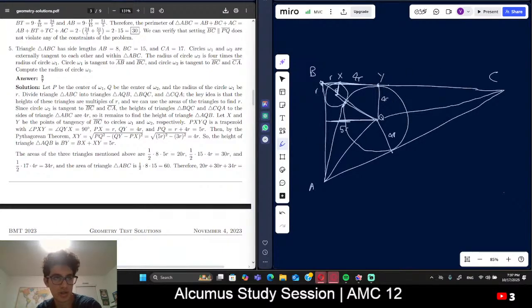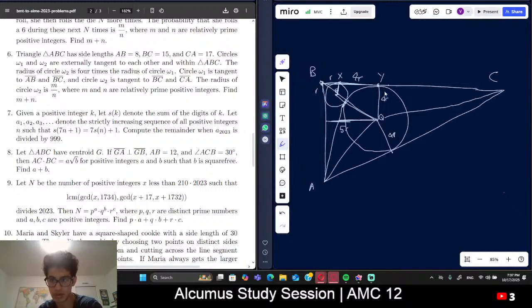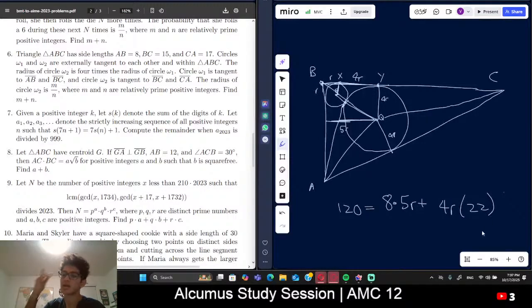Okay, let's finish it off ourselves from here. At least we can save some face, right? So 5R times what? 8. So the base and height of the original triangle multiply to 120, so the area is 60. They multiply to 120, which is equal to 8 times 5R plus 4R times 22, right?